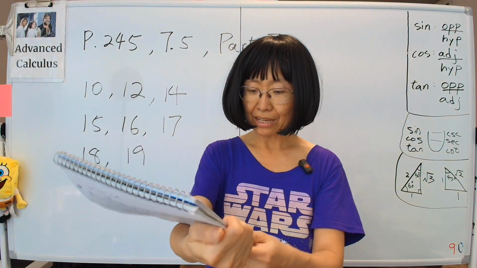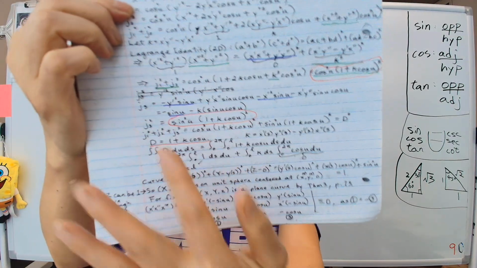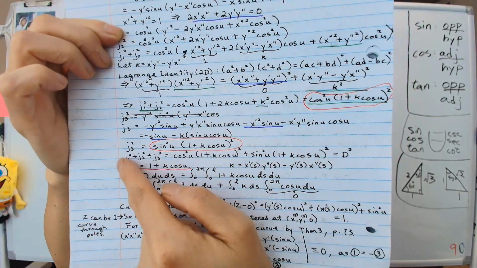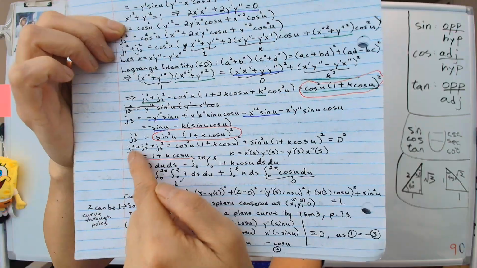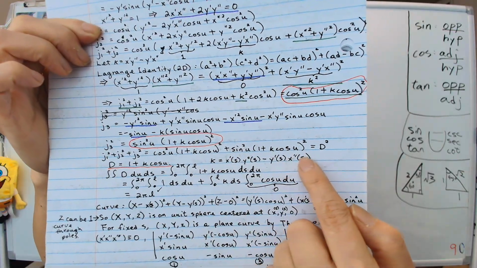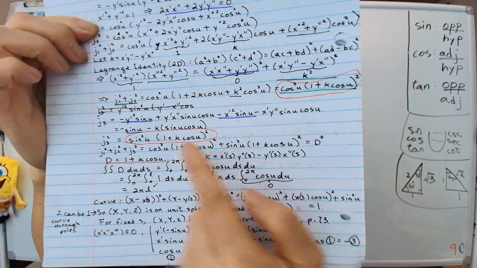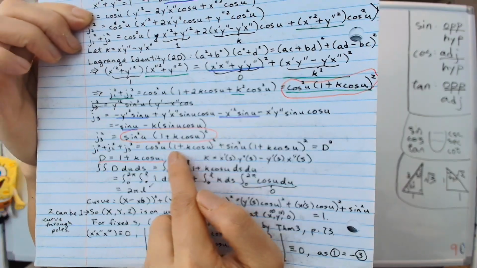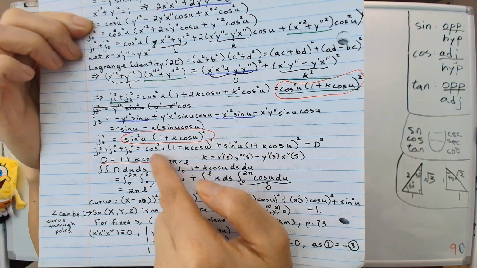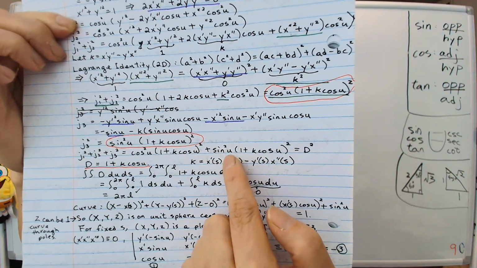Now we have J1 squared and J2 squared, circled in red, and J3 squared circled in red here. Let's put them all together, which is this thing right here, and that equals d squared. If you look at this very carefully, you notice that cosine squared u plus sine squared u becomes 1.